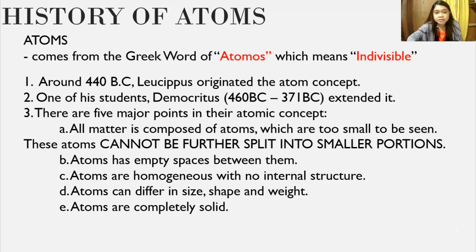Around 440 before Christ, there was a Greek philosopher named Leucippus. He originated the atom concept. According to him, the universe consists of two different elements. These include the element of full, meaning solid, and the element of empty, meaning void.